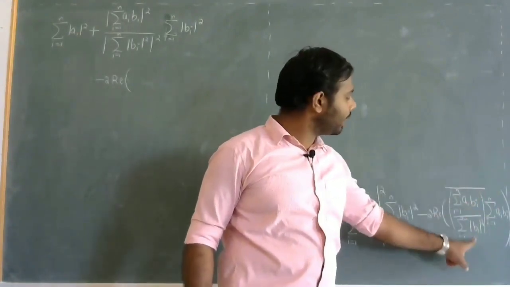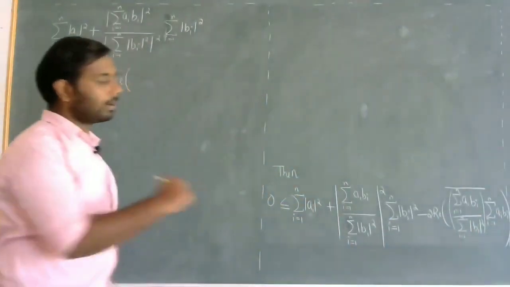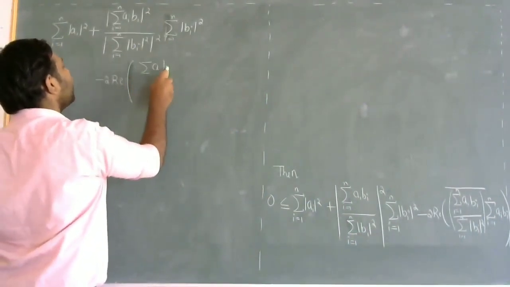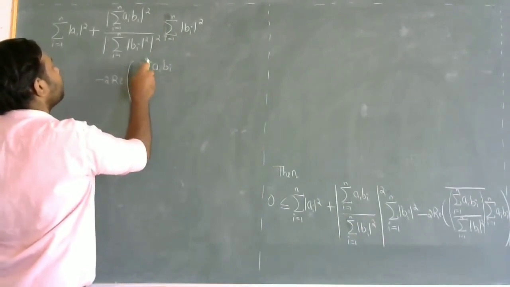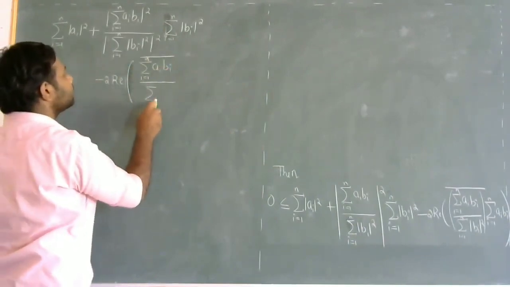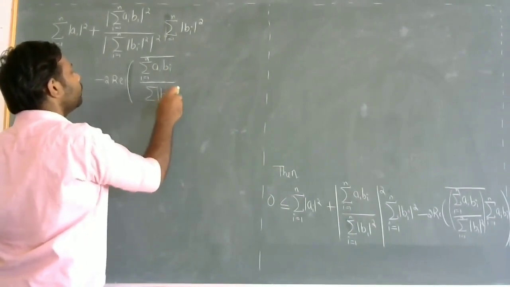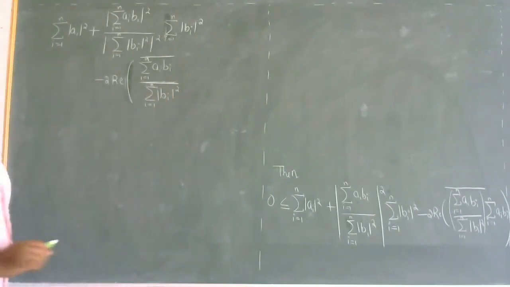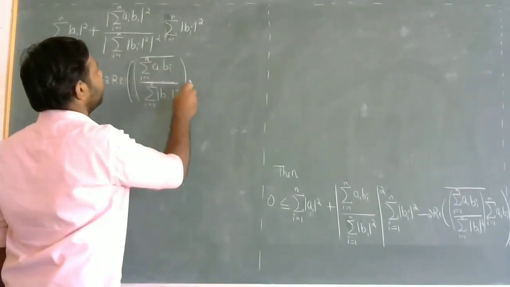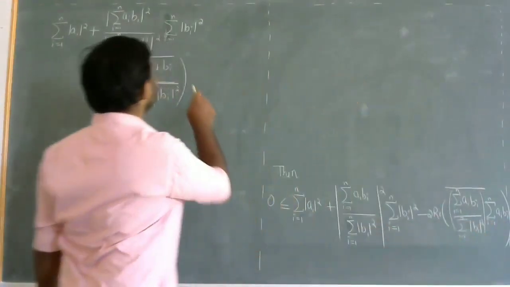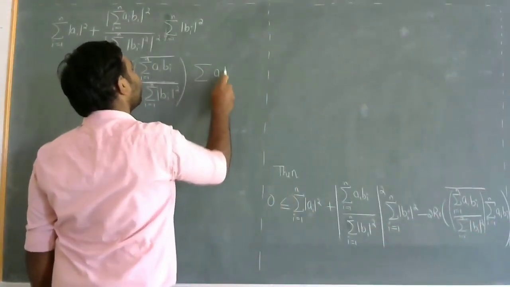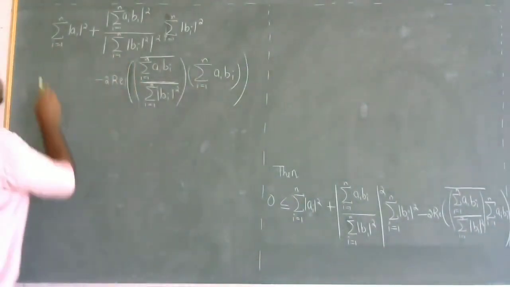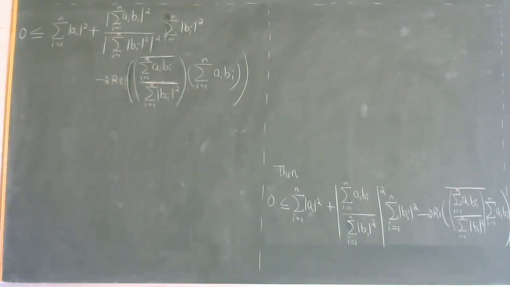That is, we have the form a by b whole bar, which is a bar by b bar. So it is summation ai bi, i running from 1 to n, bar divided by summation modulus of bi whole square, i running from 1 to n, bar, into the number summation ai bi, i running from 1 to n. So this step is greater than or equal to 0.